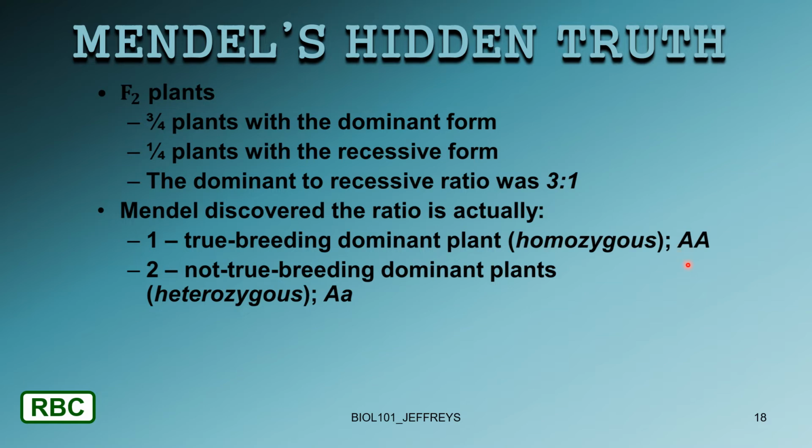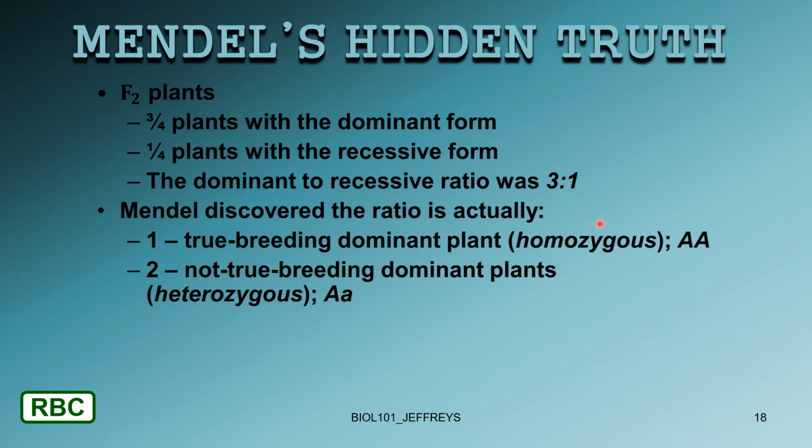It's conventional to use, for instance, if we're talking about flower color and the dominant flower color is purple, to use purple for flower color. So the dominant purple would be capital P, and the recessive white would be lowercase p. You want to use the same letter for both forms. If it's dominant, capitalize it. If it's recessive, you lowercase it.